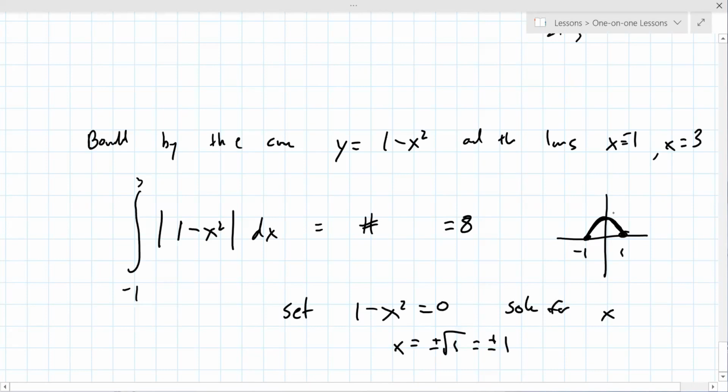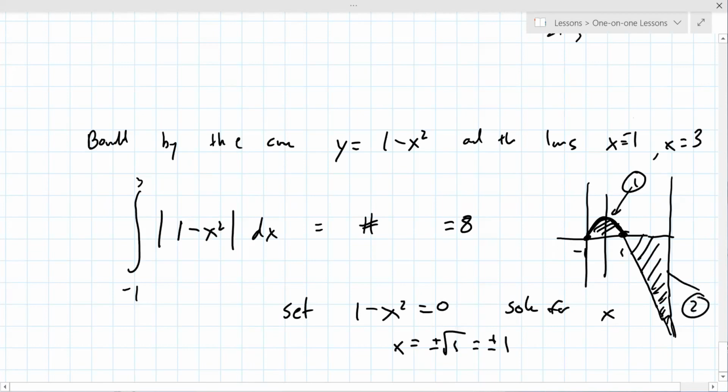So that's great, but we're going from minus 1 to 3. So we got this area over here to consider. So this keeps going down, and then we got this area over here to consider. So again, there's two regions. Okay, there's this region here, we'll call that region 1, and there's this region here, we'll call that region 2.